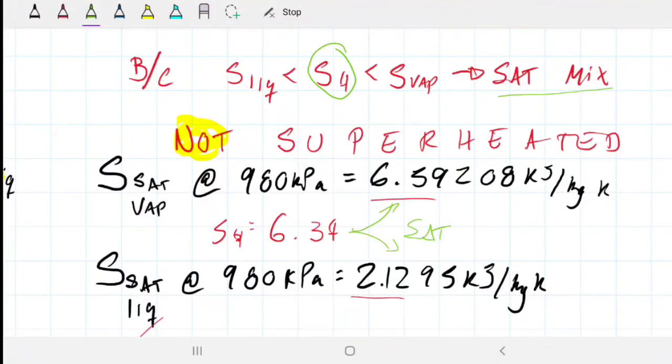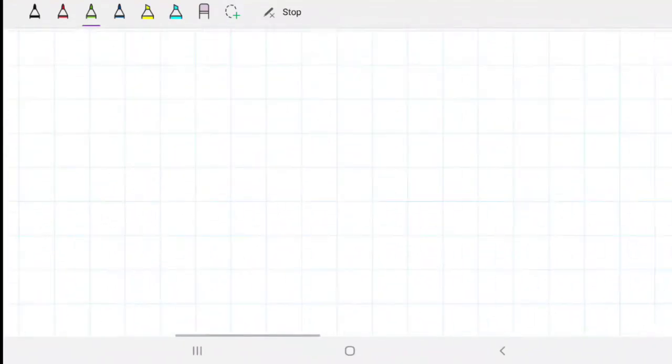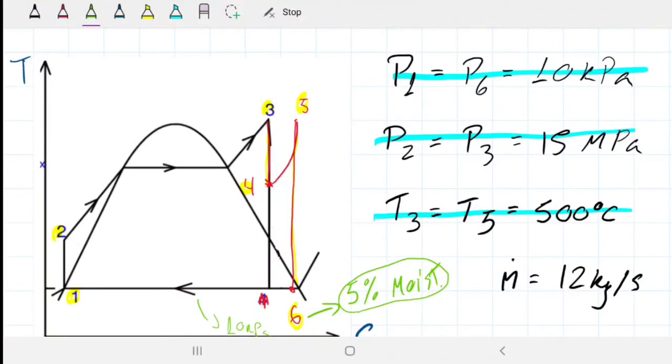So what that means is, before we move forward and calculate the enthalpy, let's go back to our diagram. Where's my diagram? Here it is, okay? So that means that this drawing is incorrect, right? Because if you notice, this drawing is showing 4 over here, which would be superheated.